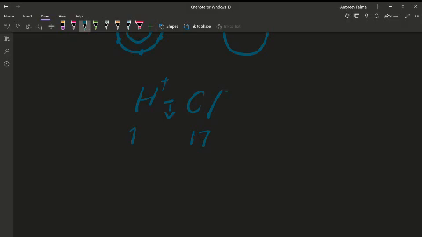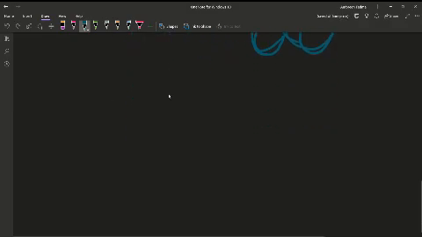For completing the octet rule, the electrons of both react to each other and form a sigma bond between them, and this octet rule is completed by their sharing or pairing of electrons, and this covalent bond is made by the sharing of paired electrons, right?